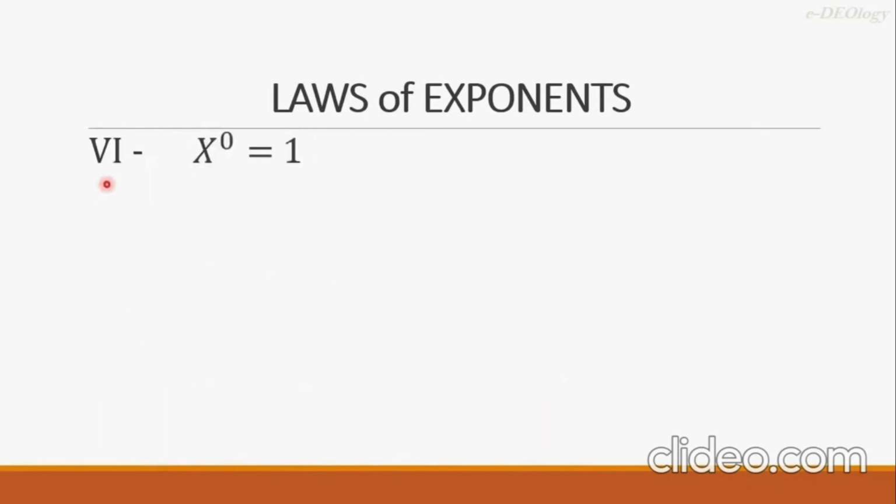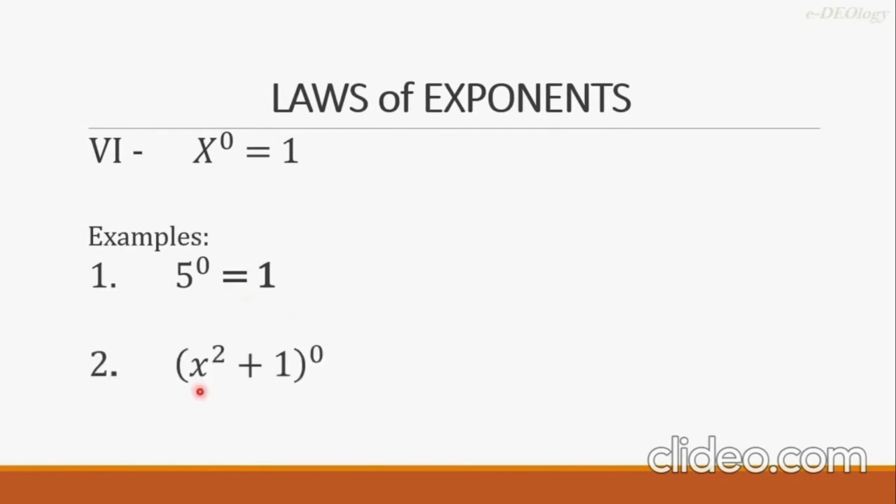The sixth law is about zero exponent. This law says any number or any variable raised to 0 is equal to 1. We have the first example, 5 raised to 0. Directly we can put 1 as the answer, so this is equal to 1.